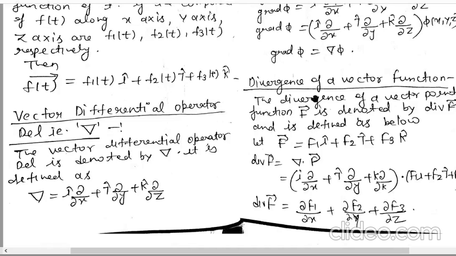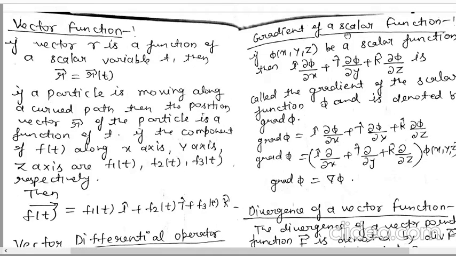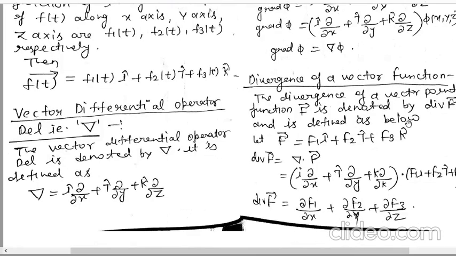Now, divergence of a vector function. So the divergence of a vector point function f vector is denoted by divergence of f vector. Here you can see gradient of a scalar function, and here divergence of a vector function. Gradient always gives a vector quantity, and divergence always gives a scalar quantity.